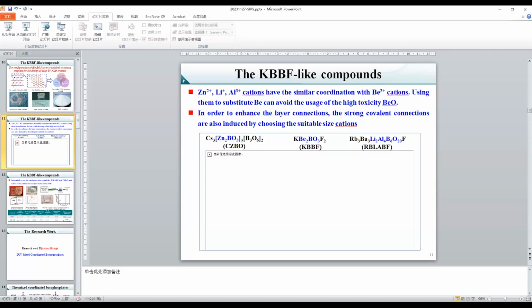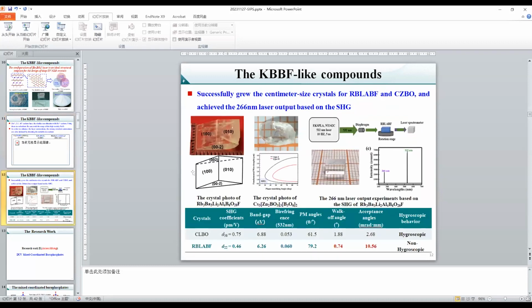We synthesized cesium zinc borate and rubidium barium aluminum lithium aluminum borate fluoride, and for both these two compounds, we can grow centimeter size crystals, especially for the rubidium barium aluminum borate fluoride. Based on the SHG of this crystal, we have achieved 266 nanometer laser output.